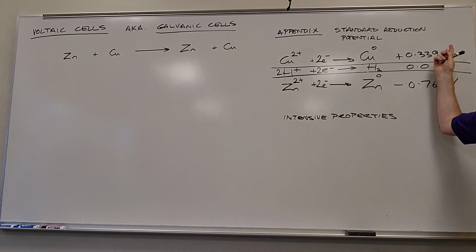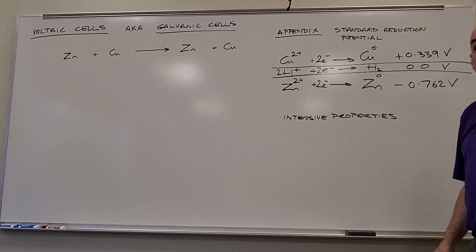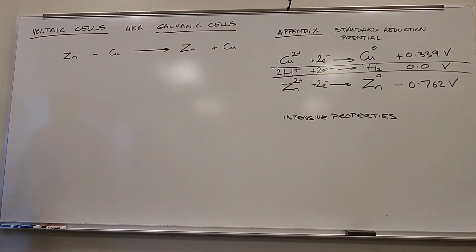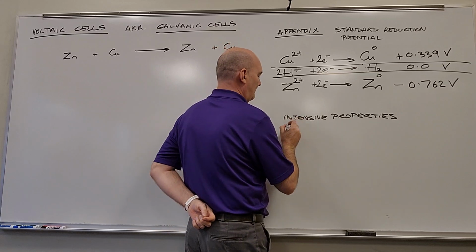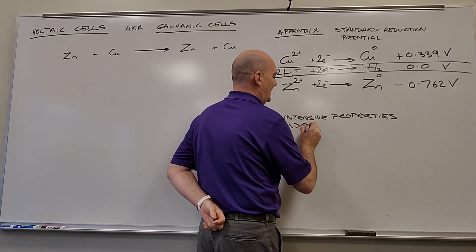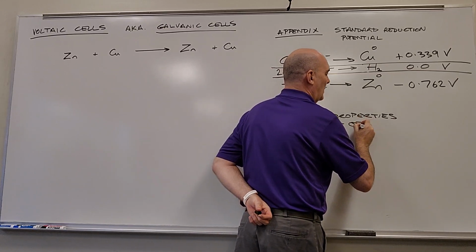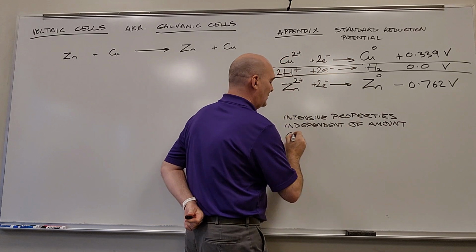These numbers don't change. They come out of the book and they're used the way that they come out of the book. An intensive property is independent of amount, which means don't multiply them.